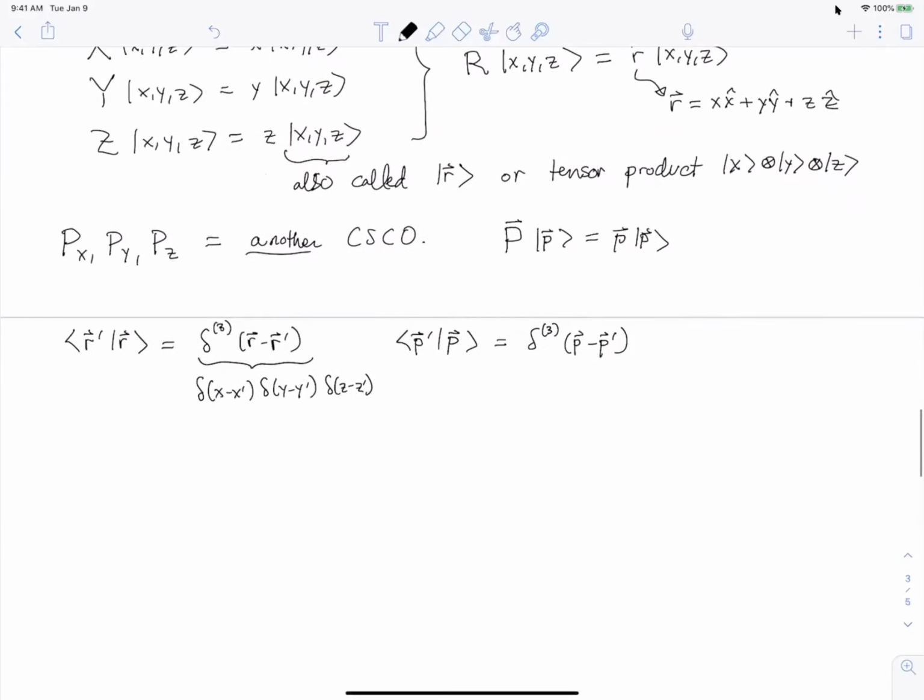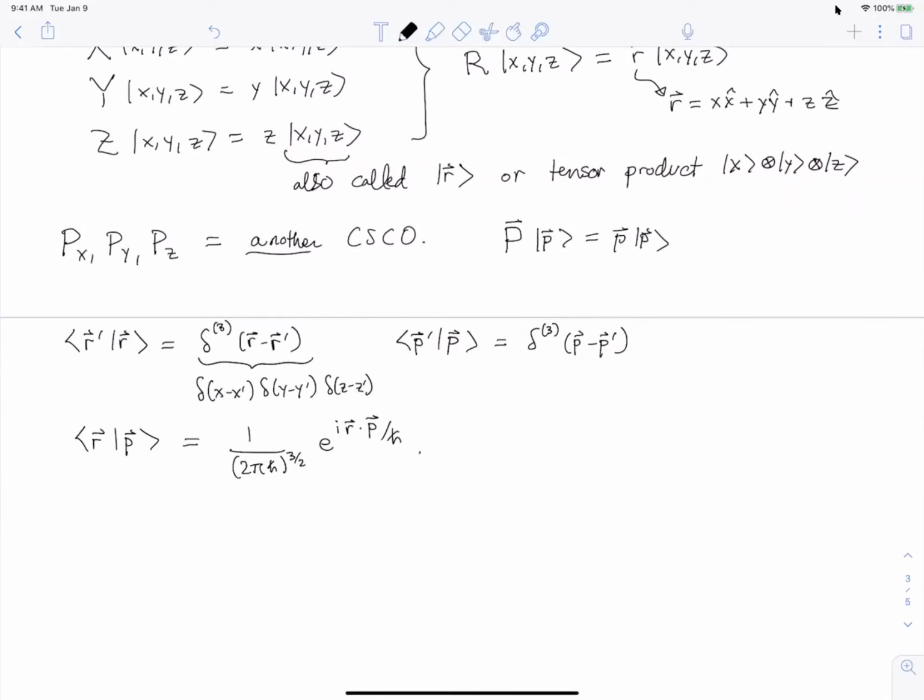Okay, and then the other thing we can do is we can write inner products like this, and we just get that by multiplying together three one-dimensional inner products. So we're going to get 1 over (2 pi h bar) to the 3/2 times e to the i r dot p over h bar. When you multiply the exponentials together, it's the same thing as adding together the pieces in the exponential.